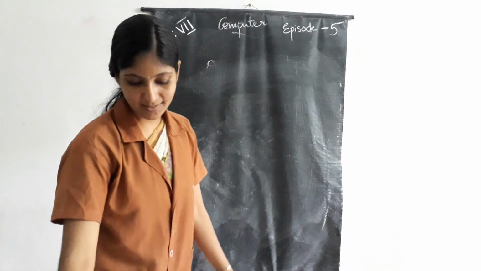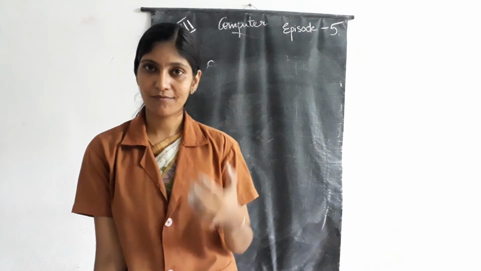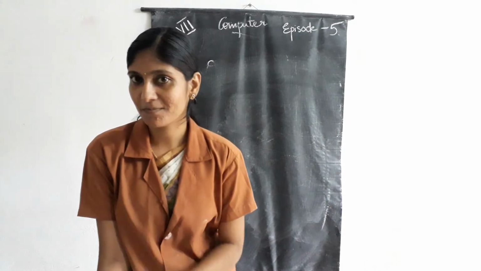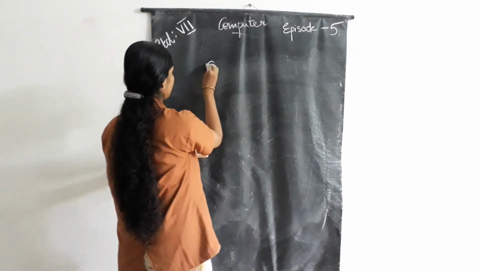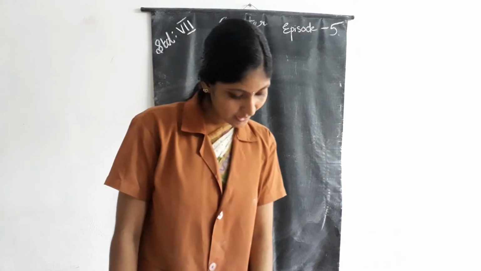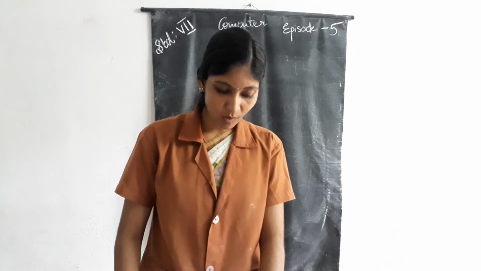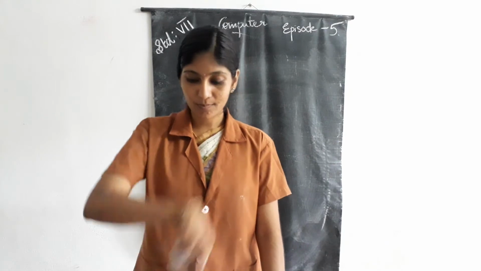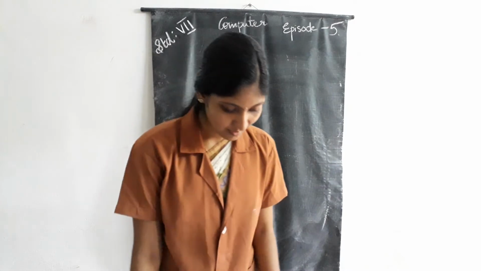Okay, filter means what? We can filter out the data from a collection of records based on some criteria. Let me explain with an example: find out the list of students who have scored 75 or more marks in the subject English.